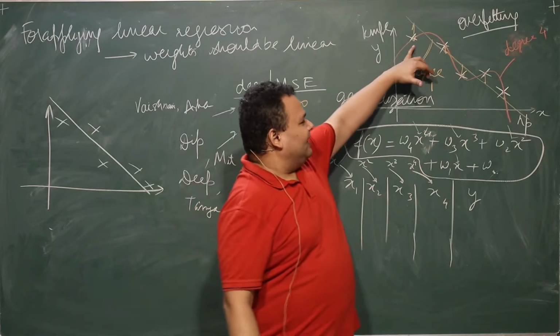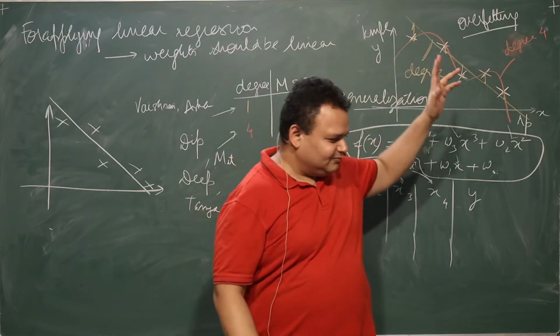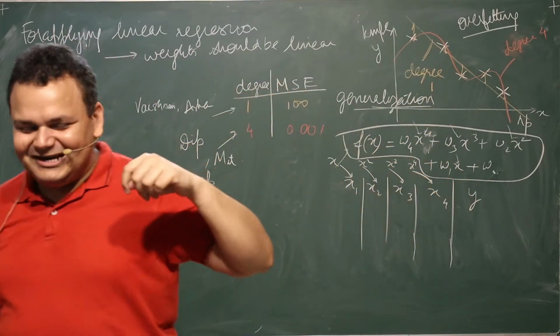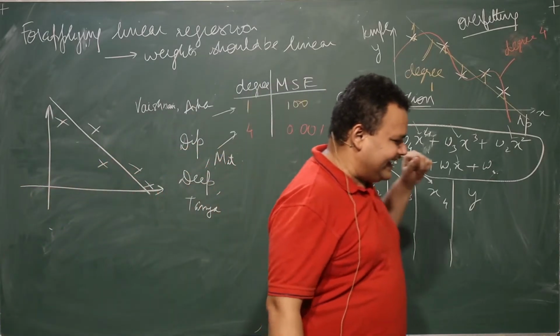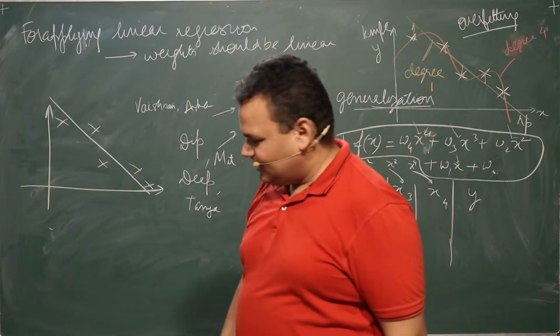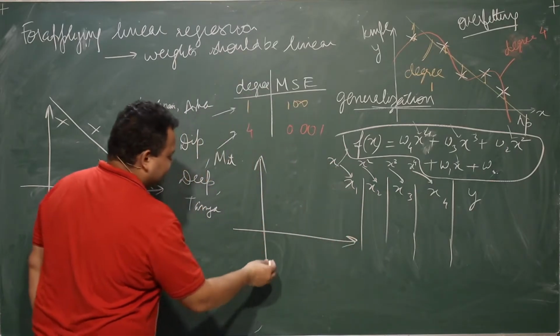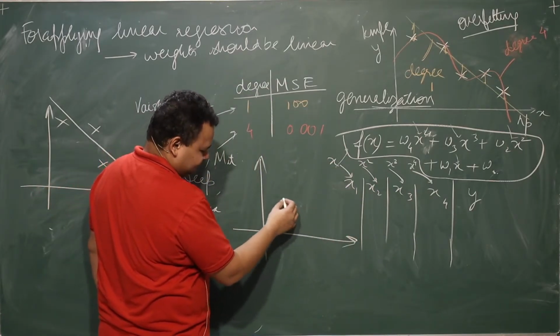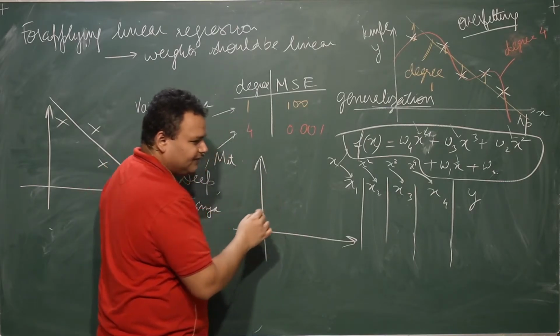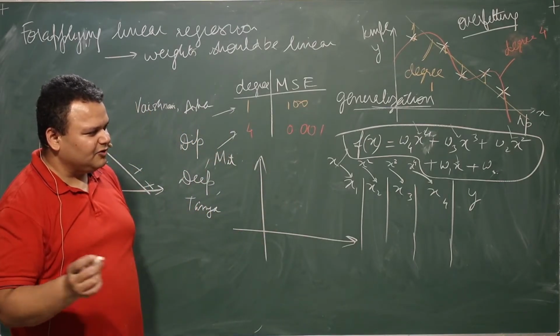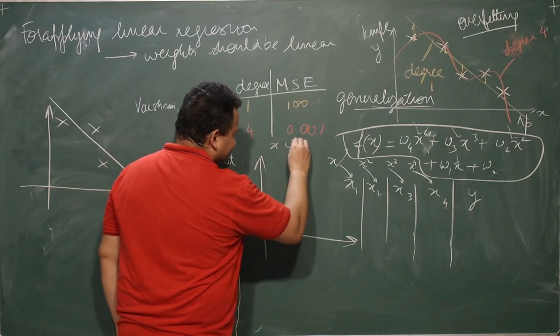So if you know what I did with the x and y data points that I gave you, there was a problem that I gave. I had x and y.